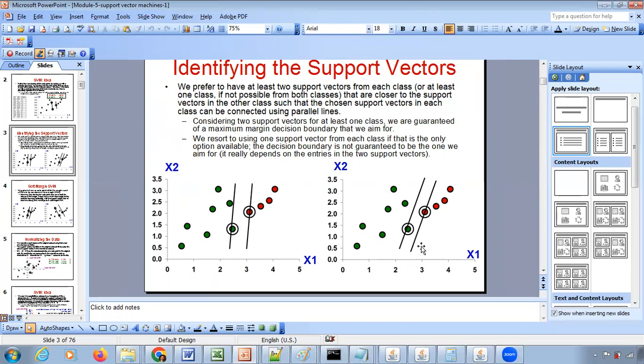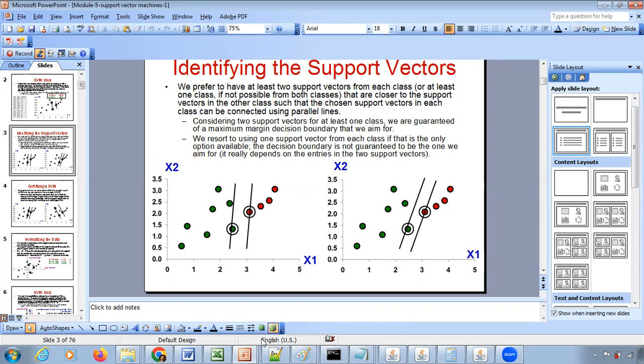It really depends on the data, the numbers that are part of the support vectors, because you're going to go through a lot of math, a Gaussian elimination method to solve some simultaneous equations and all these things. So it really depends on the numbers that are part of those data points that will decide the direction of the decision boundary.